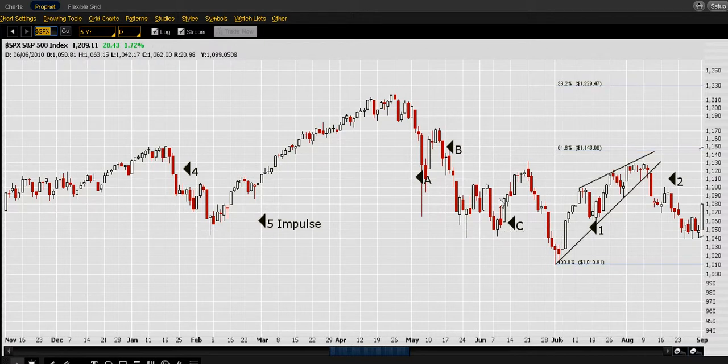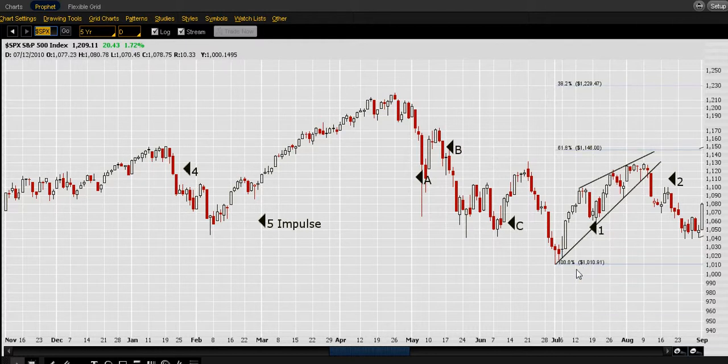Wave C, this type of correction, even though it moves up to, I think the terminology is an irregular flat, as Richard Elliott would say, or an expanded flat. Wave C corrects down. Wave 1 starts right here.